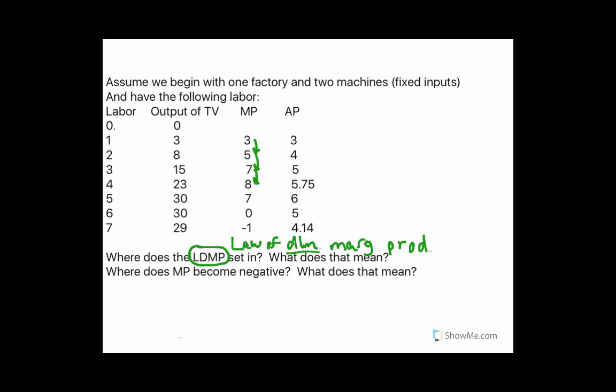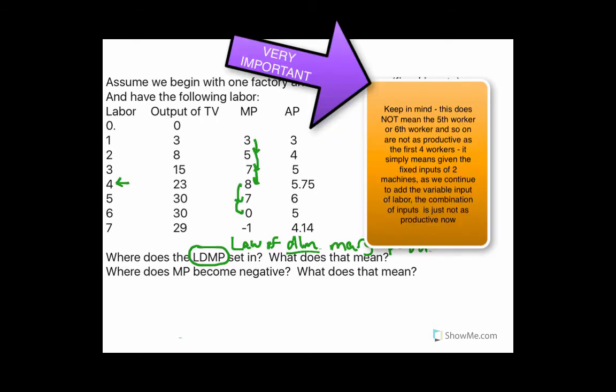But after that fourth unit of labor, it starts to go down. From 8 to 7, and then from 7 to 0, 0 to -1. Our marginal product is actually decreasing. So we would say that LDMP sets in, this is question 1, after the fourth worker, or with the fifth worker.